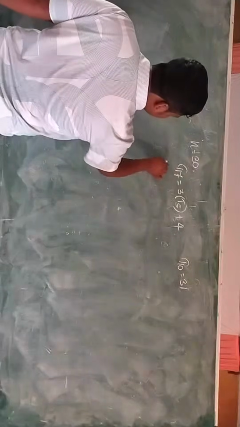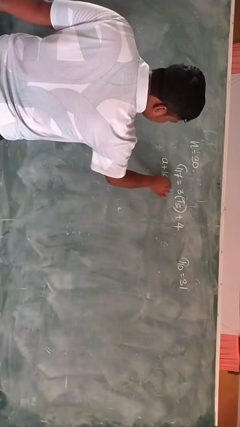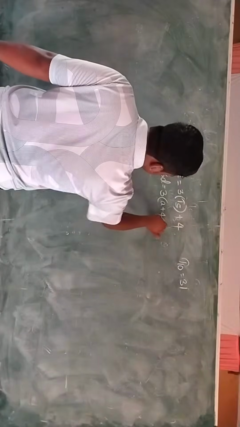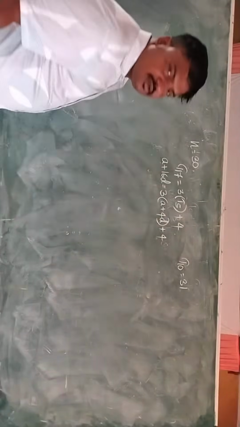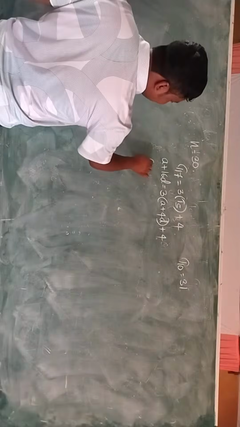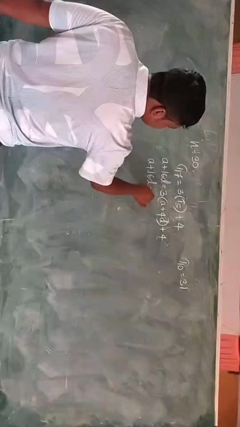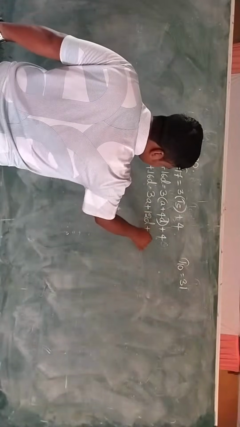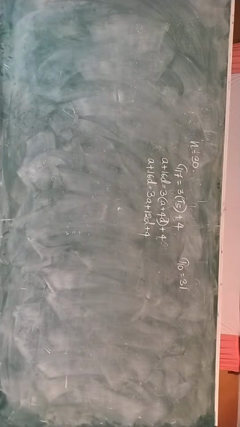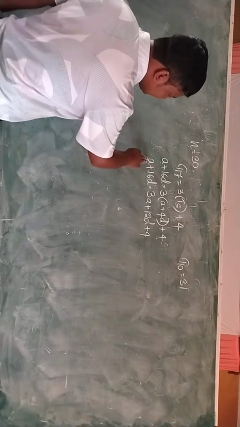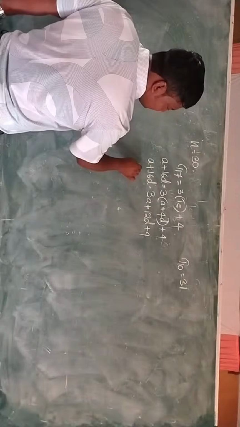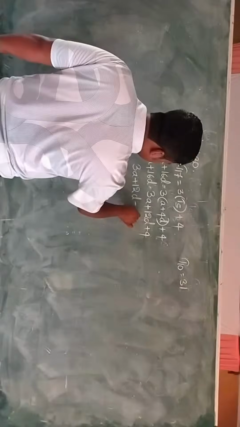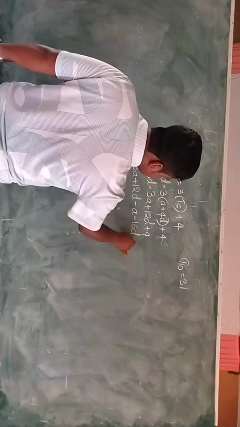So T17, a plus 16d, is equal to 3 into T5, that is 3 times (a plus 4d), plus 4. So a plus 16d equals 3a plus 12d plus 4. I can take this to the right hand side: 3a plus 12d minus a minus 16d is equal to minus 4.